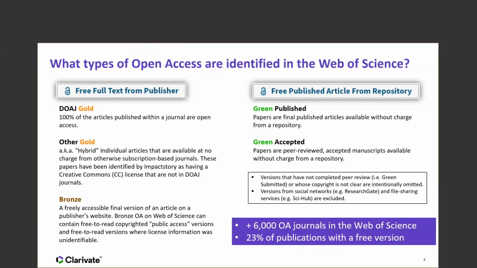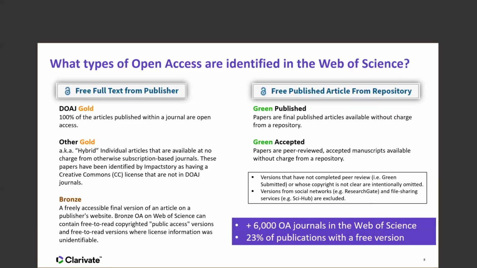And after 2 years, the embargo is over, and afterwards it becomes open access. So each journal has its own policy, and we see here how they are going to be classified depending on the content. And on the right side, those are coming from repositories, especially in Spain.